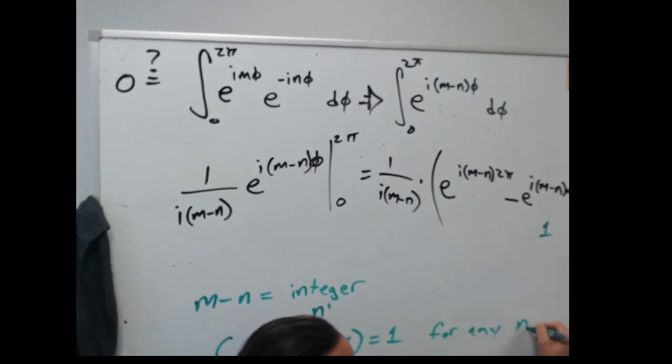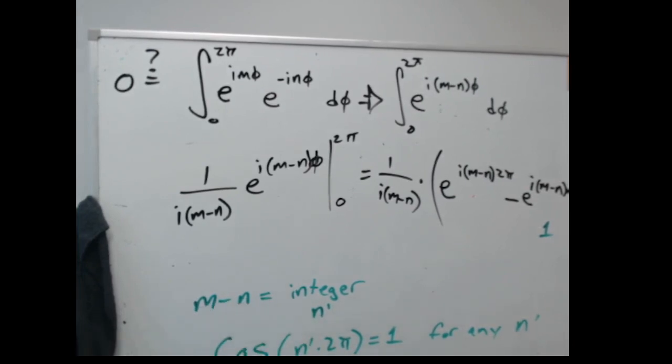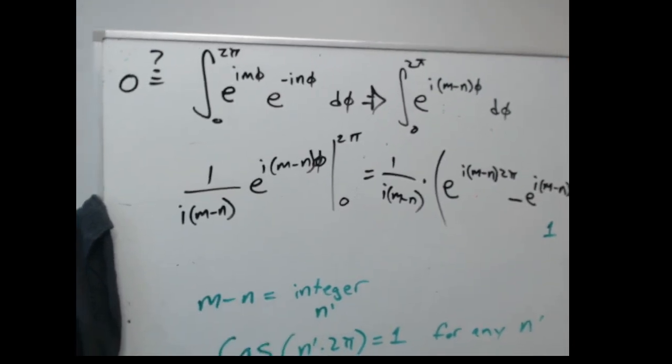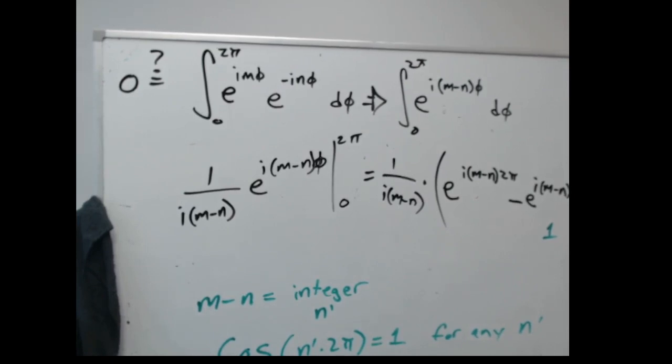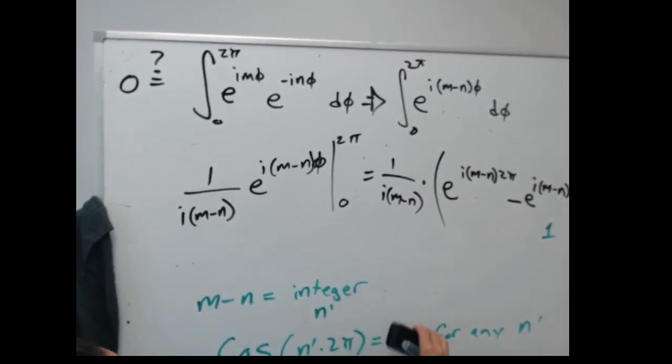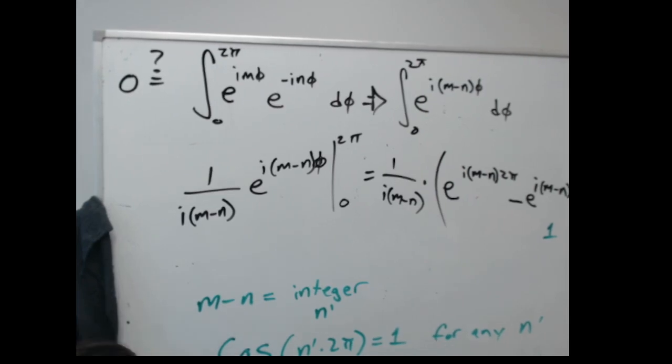Where's the i though? That's where the Euler expansion comes in, which was the part I just wrote down. I'll write it down here. And this Euler formula is something that we should all have in our heads.